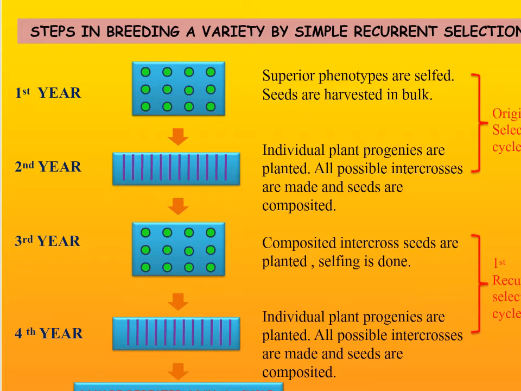Selfing is done, and in the last year, the fourth year, individual plant progenies are planted. All possible intercrosses are made and seed is composited. These are the steps of breeding a variety by simple recurrent selection. First year is the simple selection cycle, and third and fourth years are the first recurrent selection cycle.